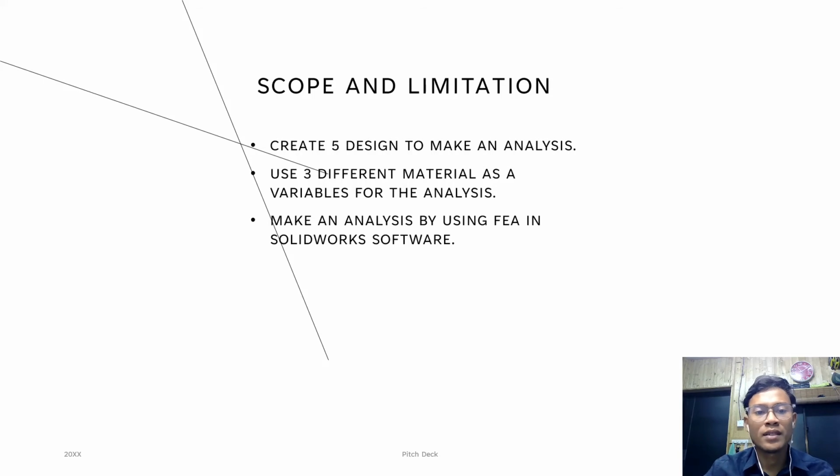All of these materials are suitable for producing prototypes by using 3D printing and injection molding. Another scope is that I make an analysis by using finite element analysis, which is built into SolidWorks software.